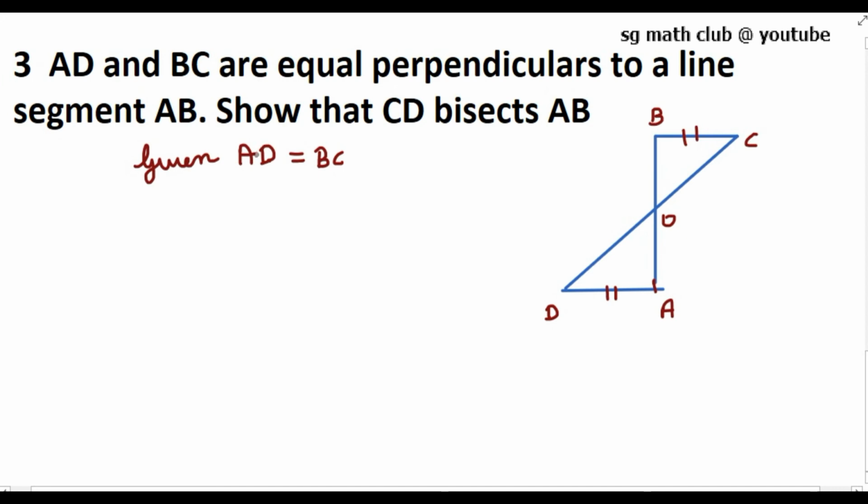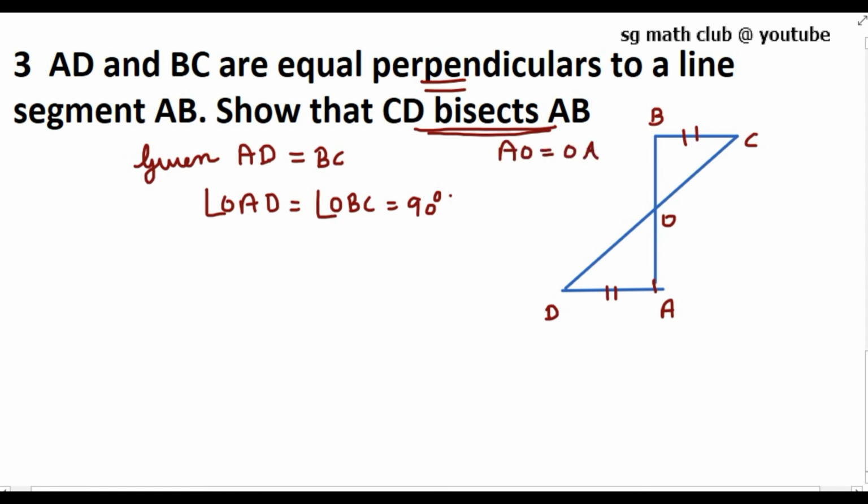Again, equal perpendiculars they have given. So that means angle OAD equal to angle OBC, that is equal to 90 degrees. We need to show CD bisects AB. CD bisects AB means we need to show AO equal to OB.